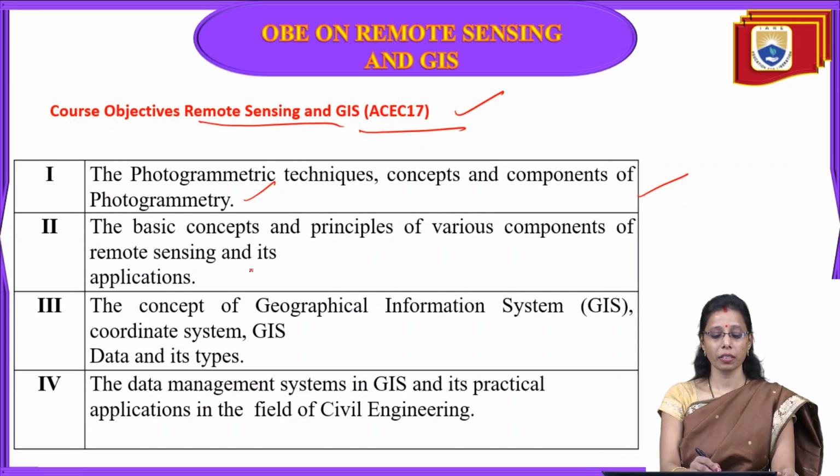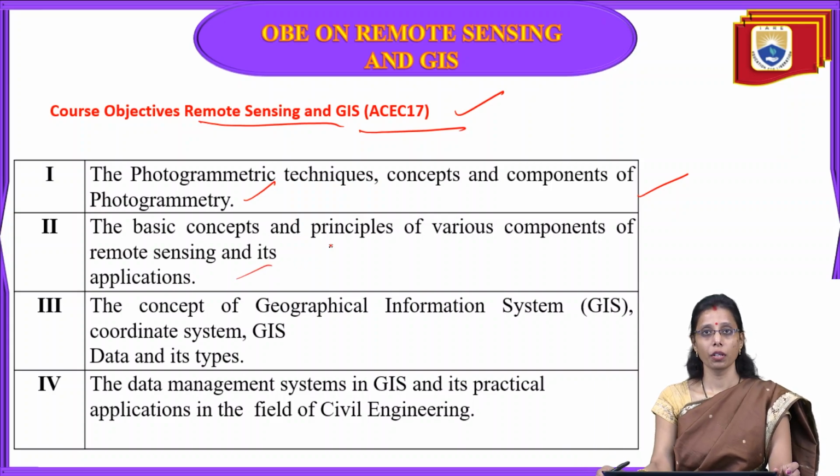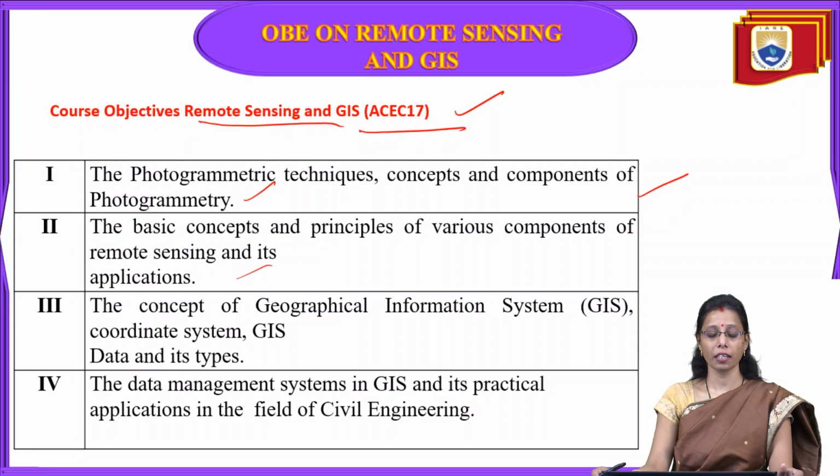The second objective is the basic concepts and principles of the various components of remote sensing and its applications: what basic principles we use for the components of remote sensing data, and what applications we apply in various fields.